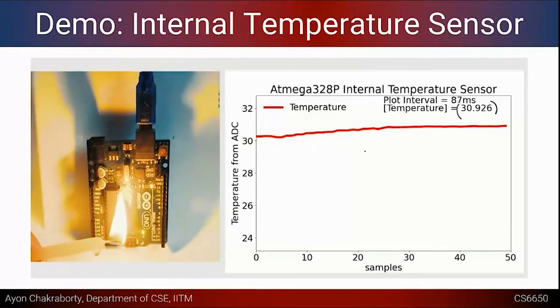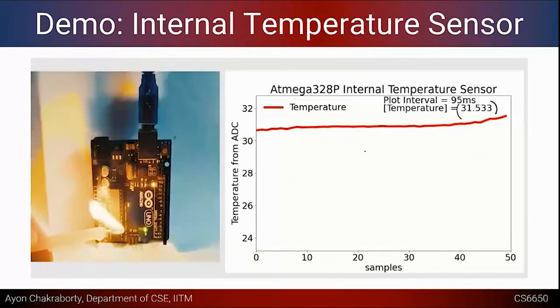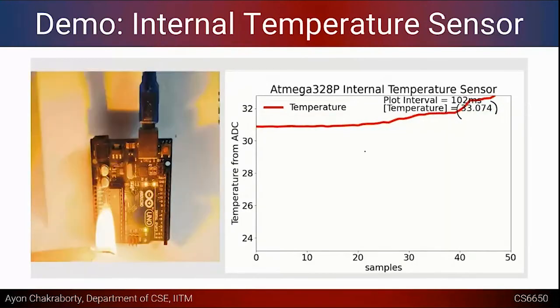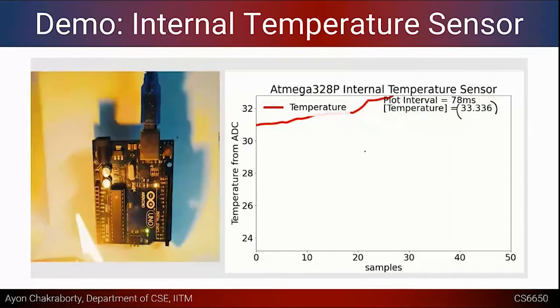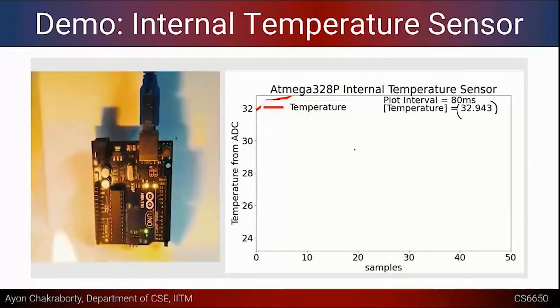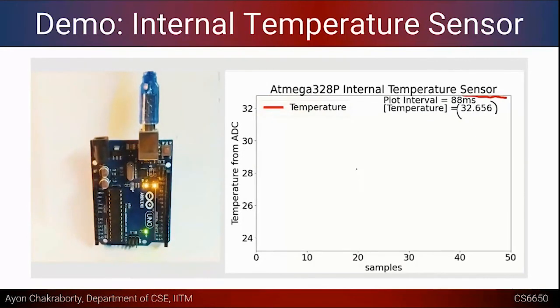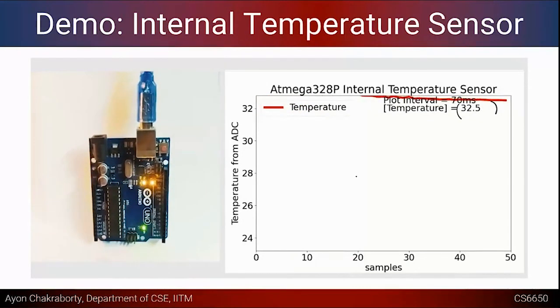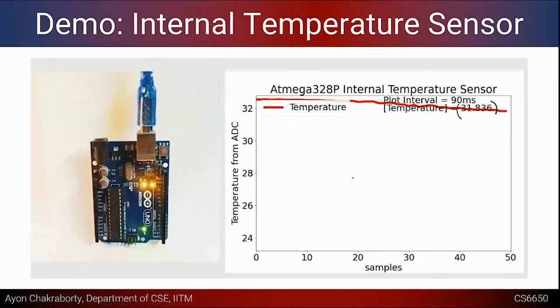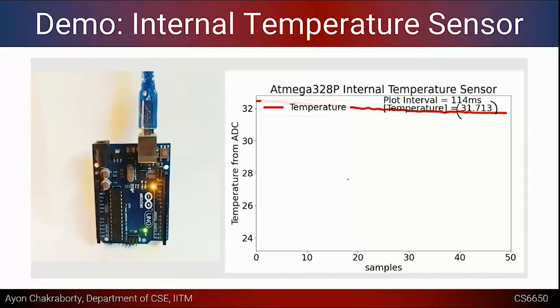So it increases, and by the way, I'm sending this through to a laptop computer through the serial port. Right now it increased too much, it's almost 33 degrees, and then again coming down. So if you write this code, you can very easily recreate this sort of an experiment.